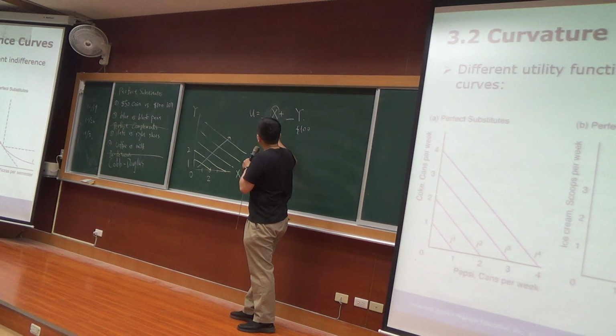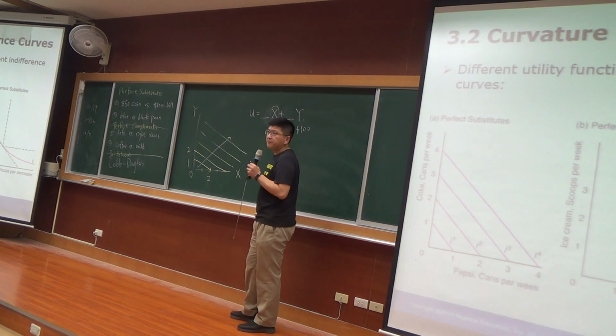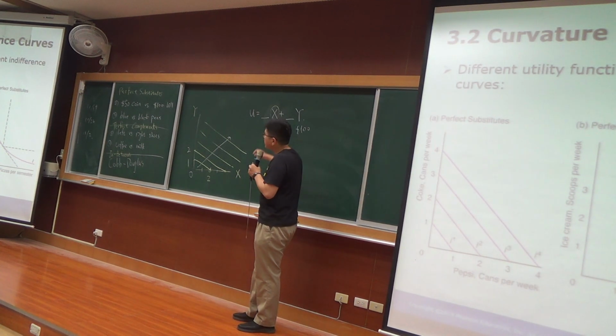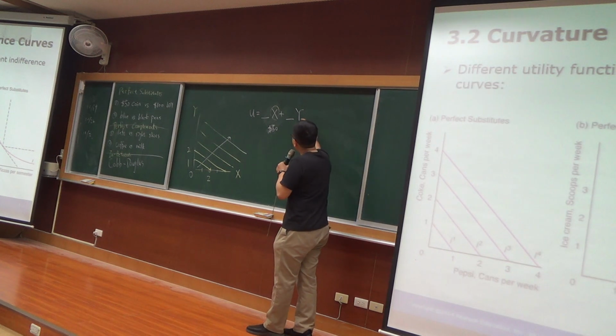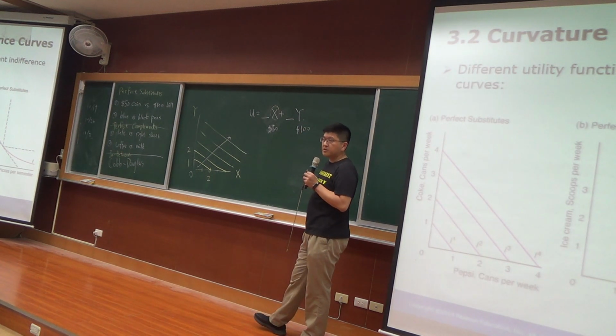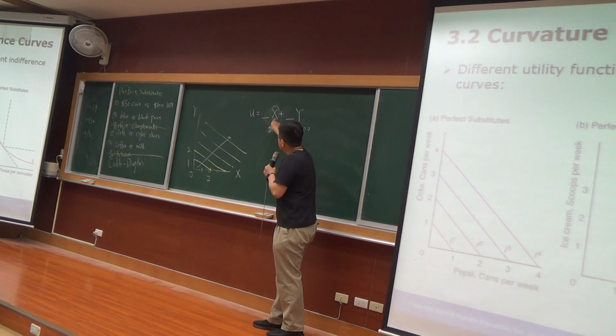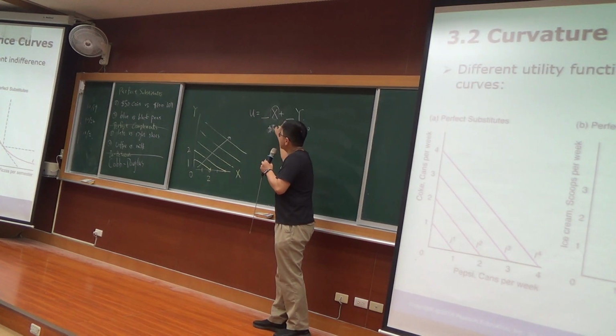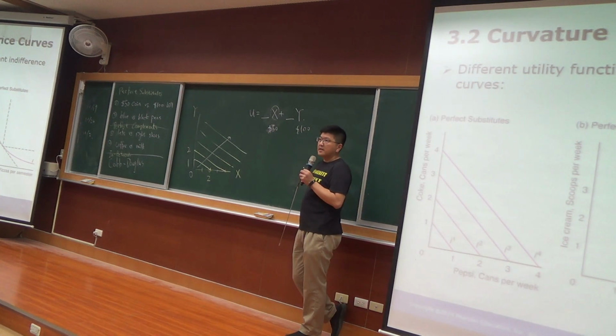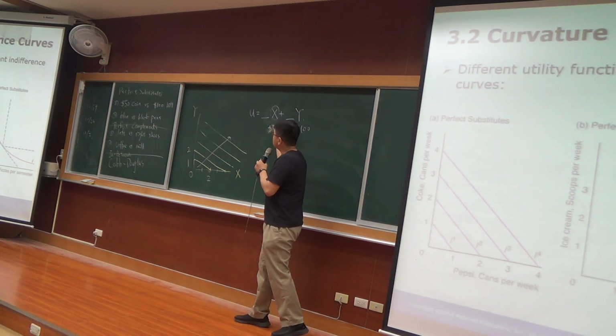X means how many $50 coins, and Y means how many $100 bills. This is the number of coins and bills. So what should you put as the coefficient? 1 to 2 or 2 to 1?